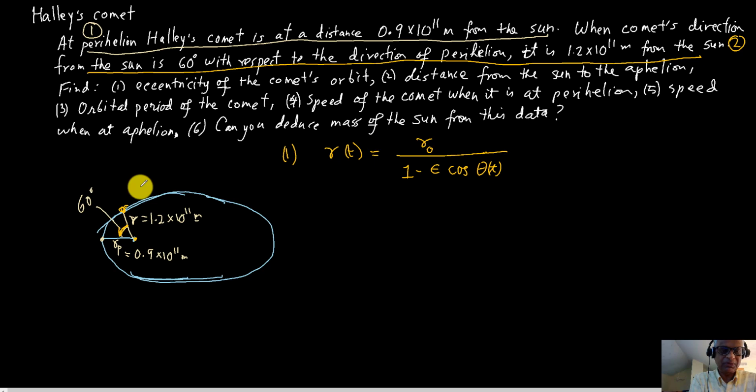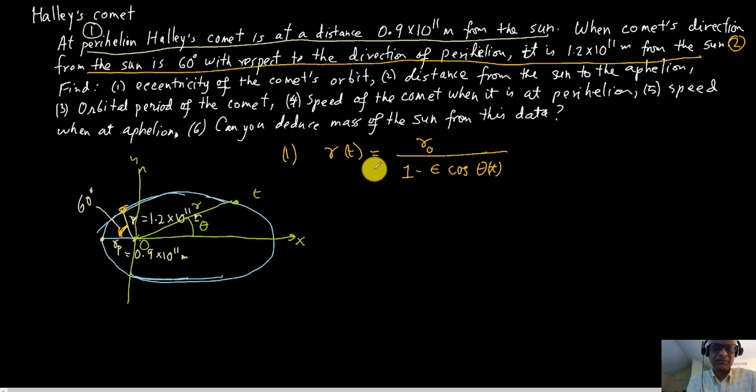They refer to this coordinate system. In this coordinate system, we place the origin here, and this is along the x-axis, this is along the y-axis. At any time t, the angle theta is this, and the distance r is that. So that's what these things refer to.